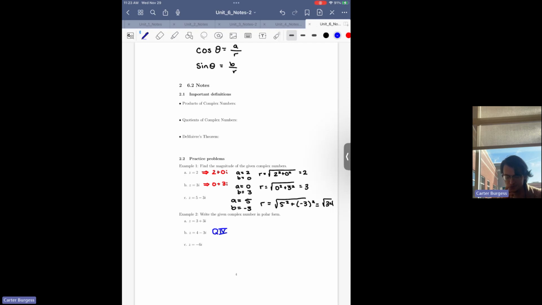All right. And we can go ahead and start trying to figure out, okay, what is our value of r? What is our value of theta? I get that r should be the square root of 4 squared plus negative 3 squared, which is the square root of 25, which is of course going to be 5.